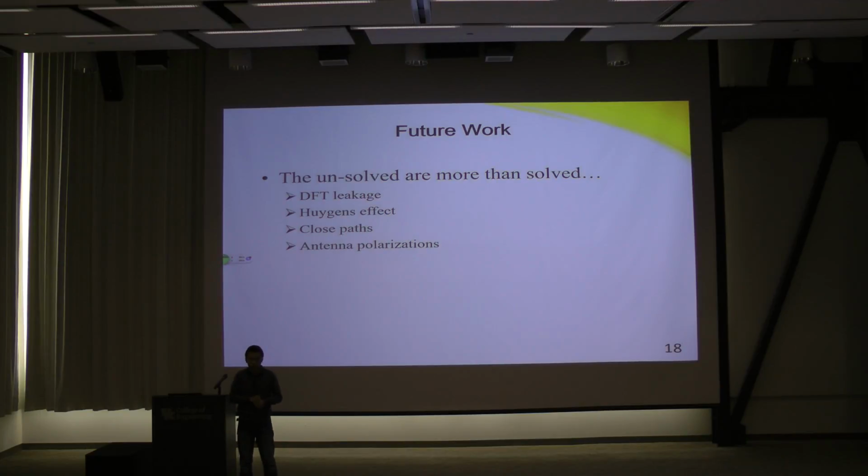Does your method work if the line of sight path is blocked, so you only have reflections? Do you require line of sight as a baseline? Yes, I need a line of sight. I need no block. Because if there is a block, the signal will be weaker, and we do not know how much weaker. Yeah, this is future work. So is being able to do it without line of sight part of your future work?